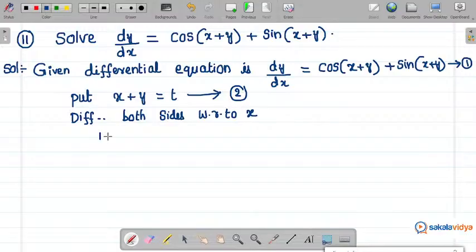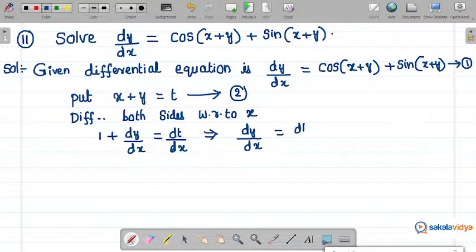Derivative of x is 1, plus derivative of y with respect to x is dy by dx, equals derivative of t with respect to x, dt by dx. Now, let us write dy by dx in terms of dt by dx. So, dy by dx equals dt by dx minus 1, say equation 3.